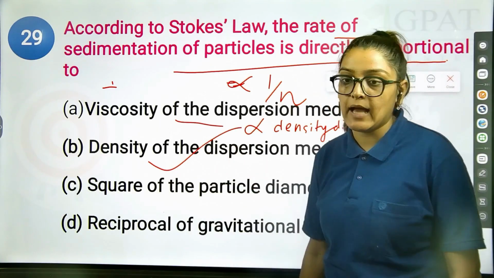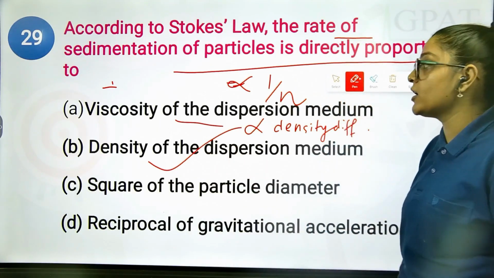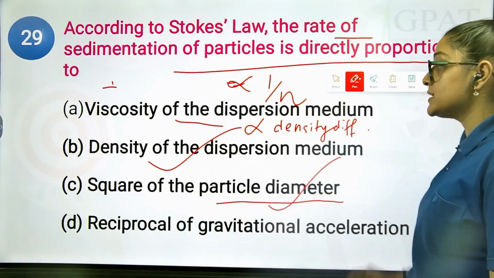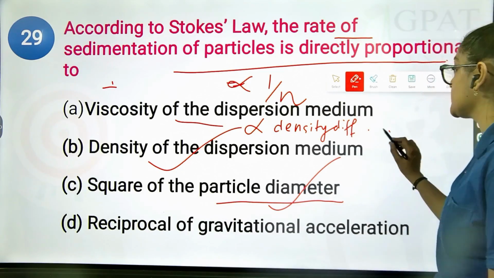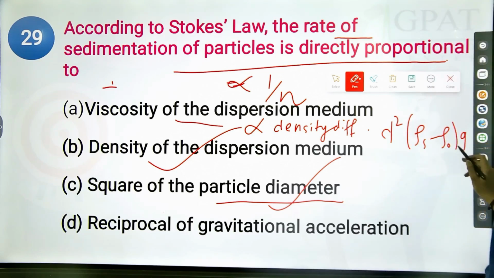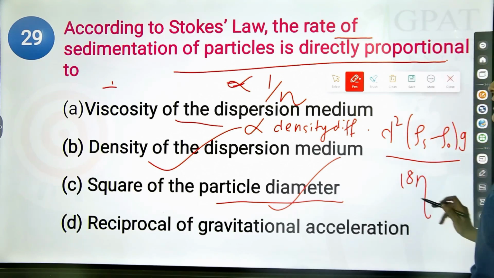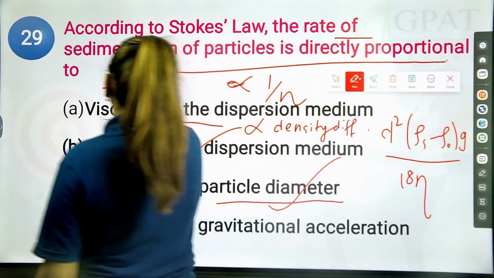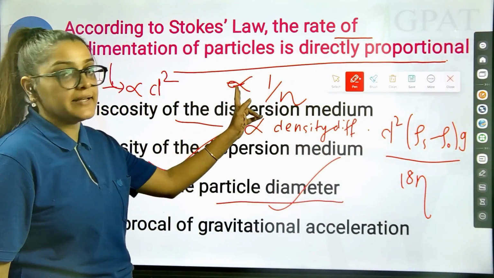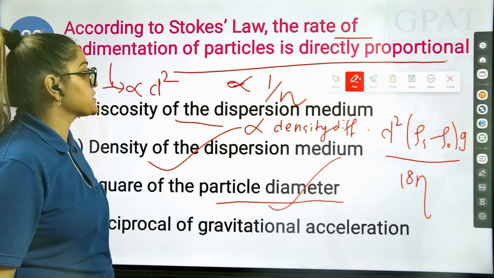Then the square of the particle diameter. This is also correct. If you remember the equation, it would be d square into rho s minus rho naught into g upon 18 eta. So we directly have two references, that it is directly proportional to the square of diameter and inversely proportional to the viscosity.